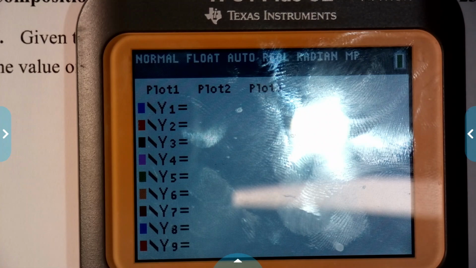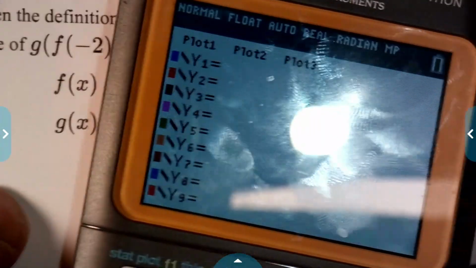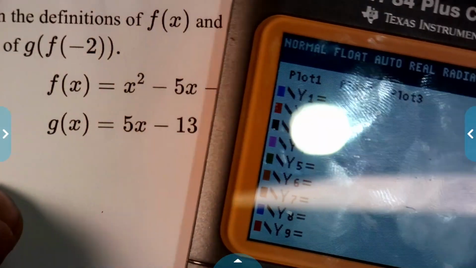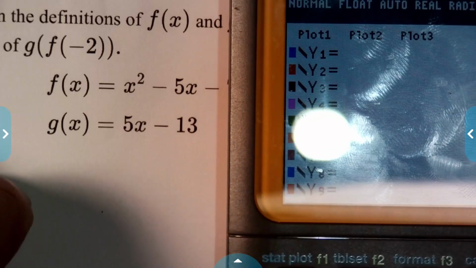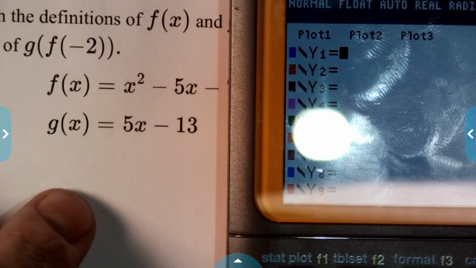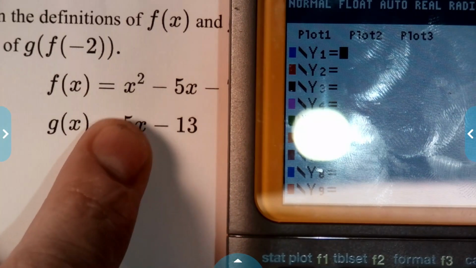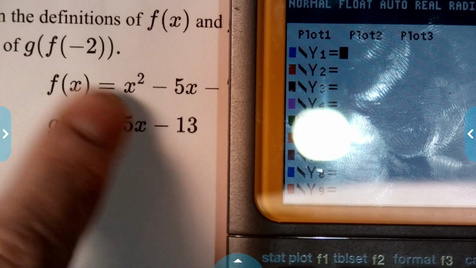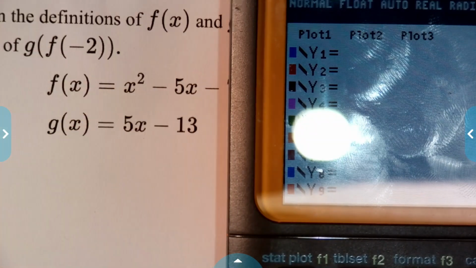I see them bring the calculator out, and then they tell the kids, all right, put the equation in that you're going to have to evaluate. For example, f of x, okay?